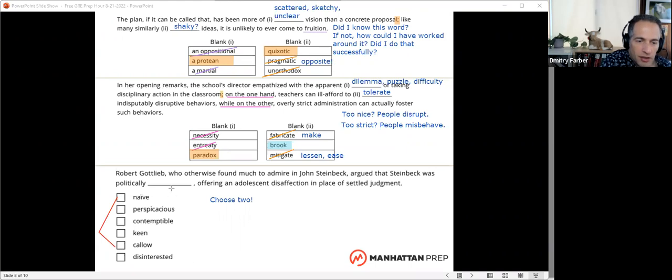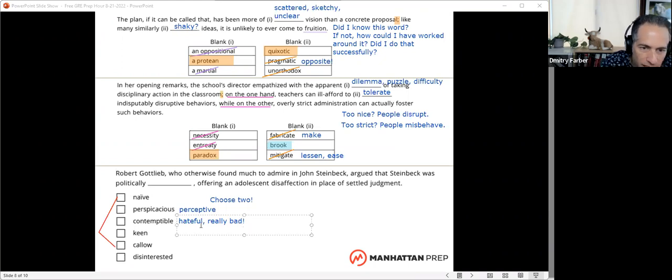And then if I look at the others, perspicacious is basically similar to perceptive, right? Sensing things. Contemptible is like hateful, like someone that you would hate, right? Really bad.